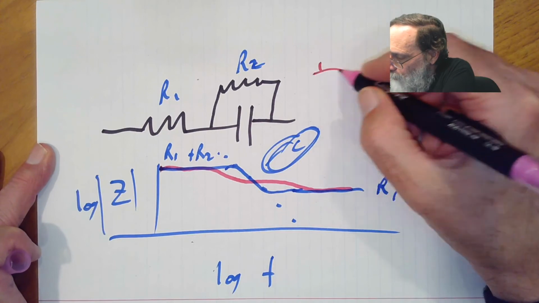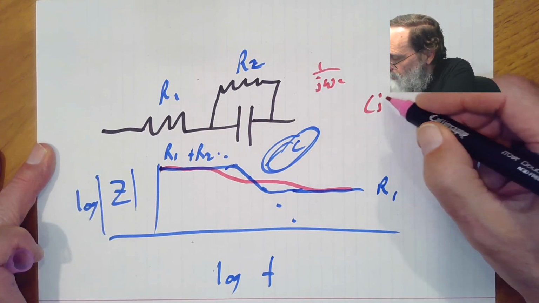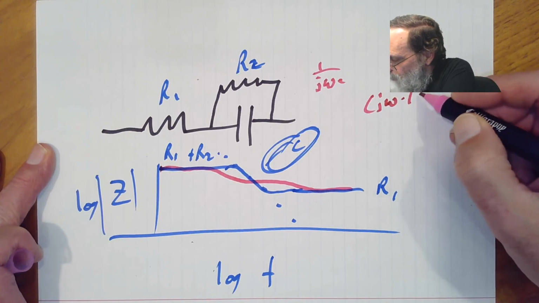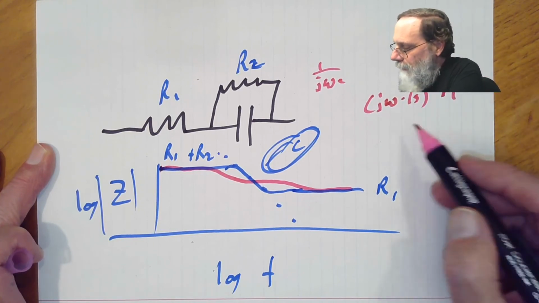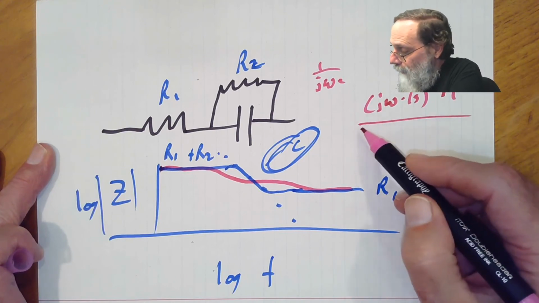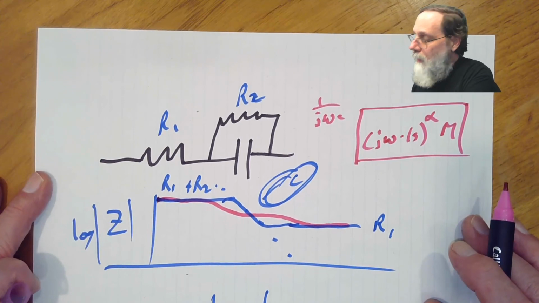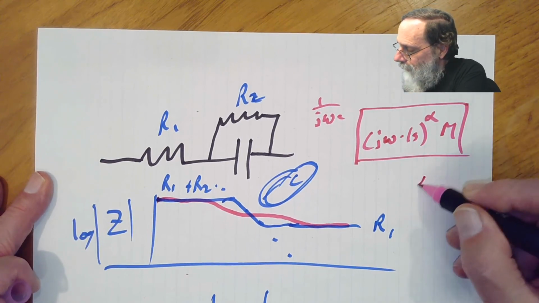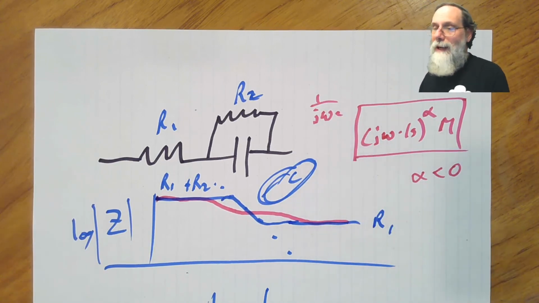Instead of being 1 over j omega C, we can use (j omega times 1 second) to the alpha times m. That's exactly the same component we used for the inductor-like components. We can do that for capacitor-like components, but with alpha now less than 0, so it's coming out on the bottom.